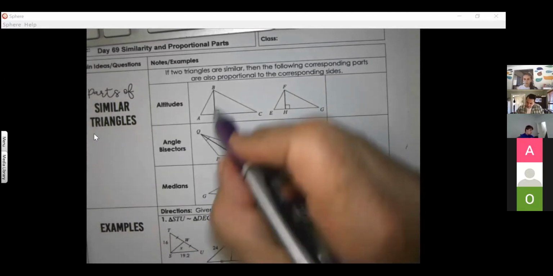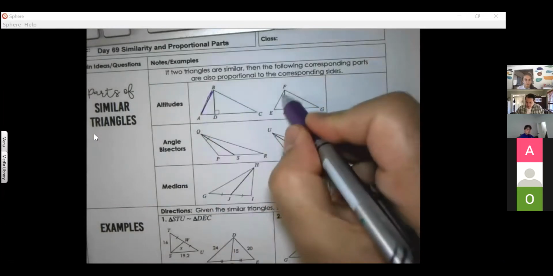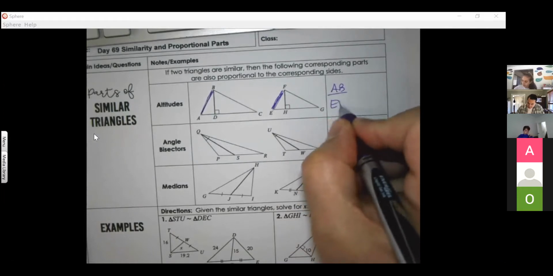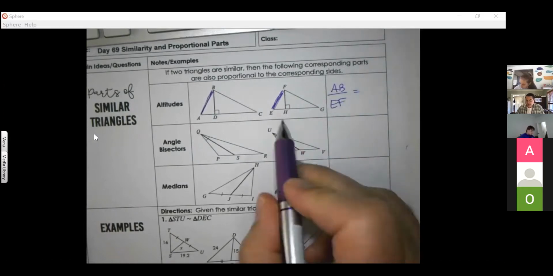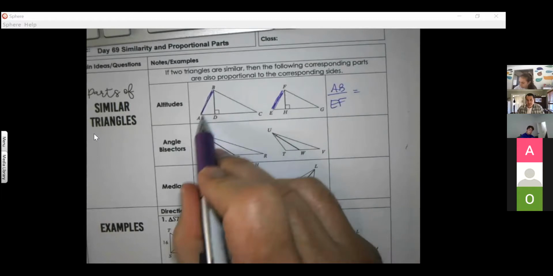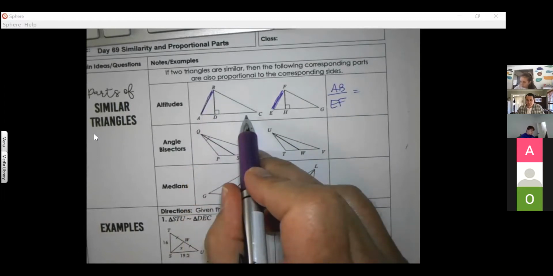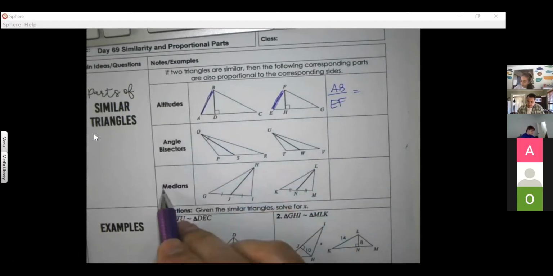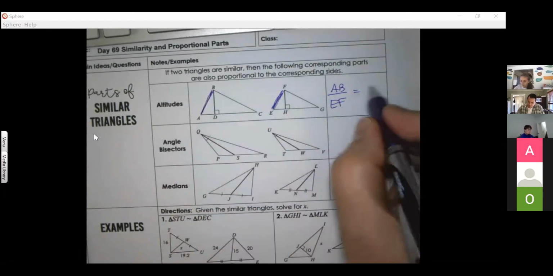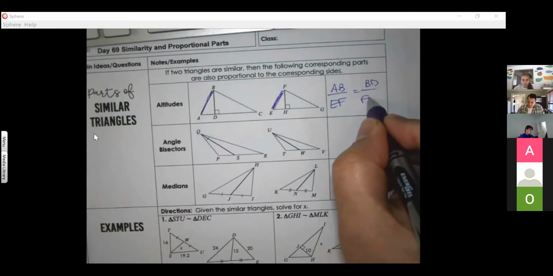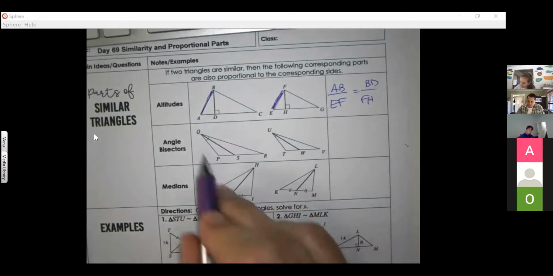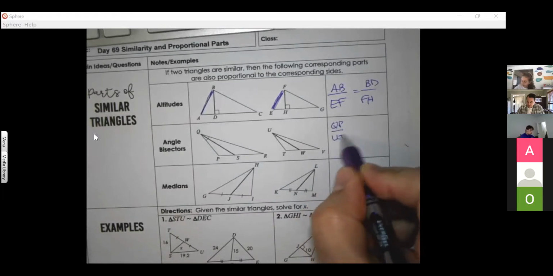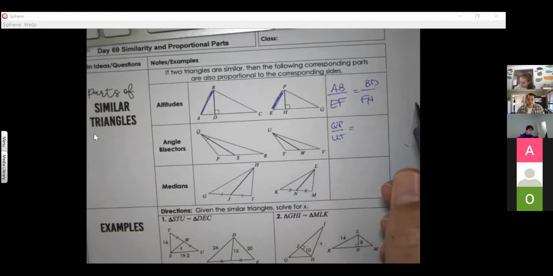And we talked about the fact that if I know the ratio of two sides in similar triangles, AB to EF, that's going to be the same ratio as any length comparison, the perimeter, the side lengths, and these special things like altitudes. So BD to FH. And if I took the side length here, in other words, I said QP is to UT, that's setting up the ratio of the length ratios.